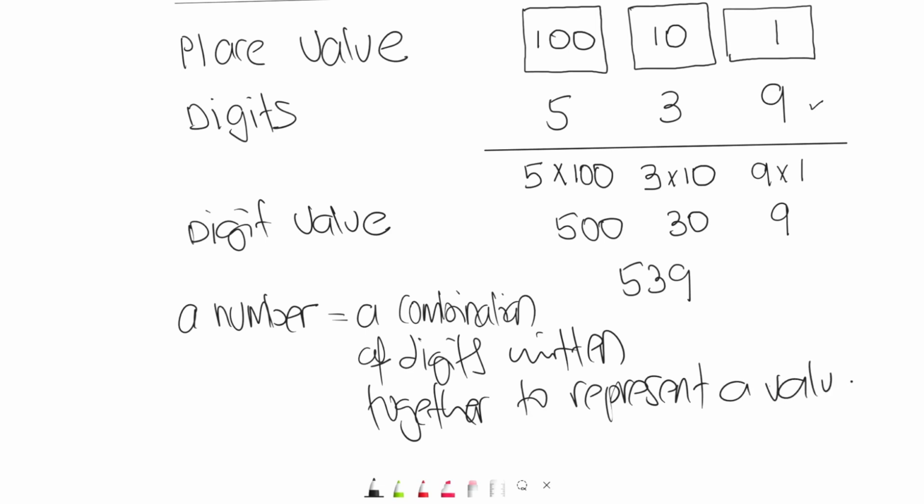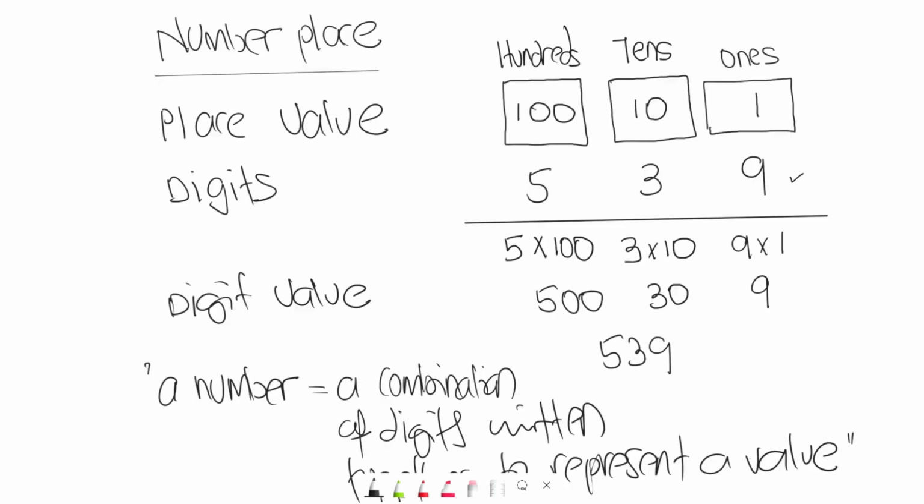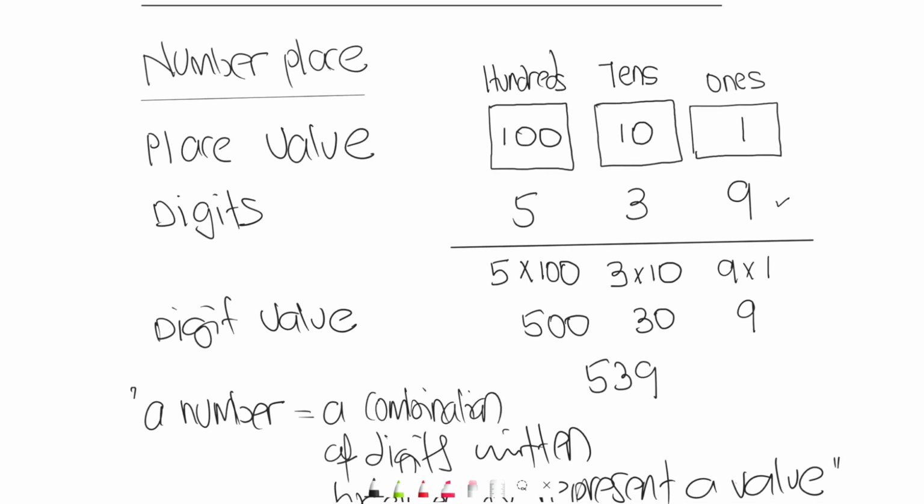This is a very informal definition, but it makes sense. So now we have the formal names for the number place, the place value, the value of each number place, the digits, and the digit values. And you have seen how each digit has its own value, and it depends on the number place.